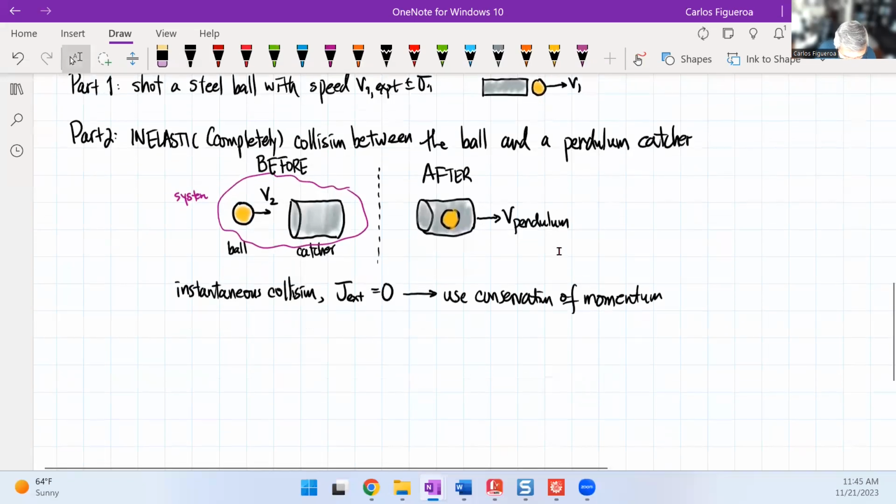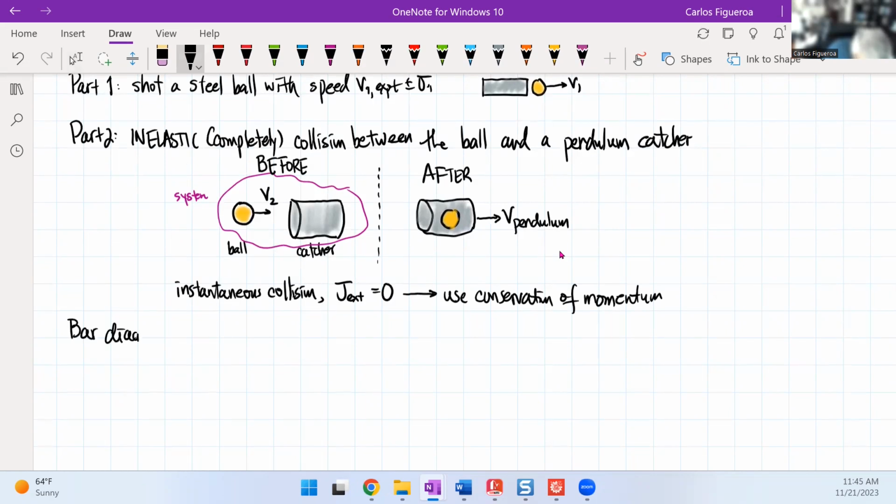So if I can use conservation of momentum, then I'm going to start with a bar diagram to see the overall picture. And what I'm seeing here is that I have a pendulum, I have the ball coming in.